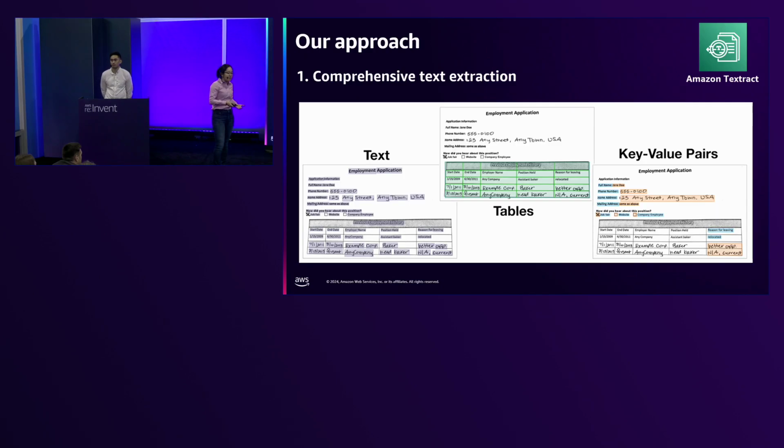And how does it improve it? Because it goes beyond simple text extraction. First of all, it's able to work with handwriting as well as distorted text and document images that have very low image quality.